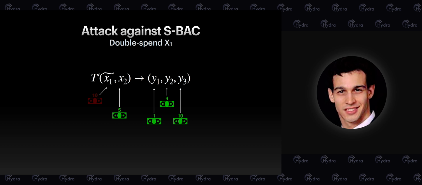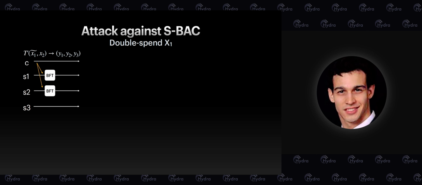So in order to make that attack work, first we will craft a special transaction. The special transaction is T prime. It's exactly as transaction T, but instead of X1, we use a new input object, X1 tilde, that actually does not exist. So this transaction should and will be aborted by the system.